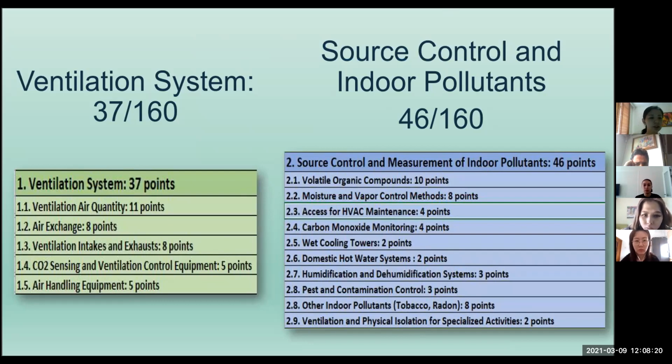For the first, the ventilation system, you can see that it consists of 5 sub-criteria: ventilation air quantity, air exchange, ventilation intake and exhaust, carbon dioxide monitoring and sensing, and finally air handling equipment. In the Green Globes protocol, each of these sub-criteria is discussed in great detail. Next is source control and indoor pollutants.